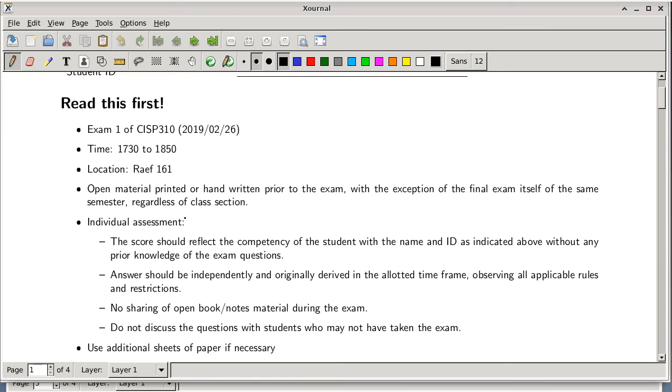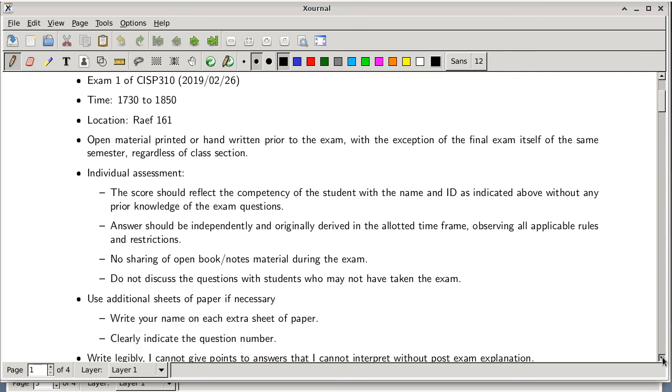All right. So next is to talk about this being an individual assessment. This is getting back to the syllabus: unless I say otherwise, all assessment activities are individual. So that means the score of a particular submission should reflect the competency of the student with the name and ID as indicated above, without any prior knowledge of the exam questions.